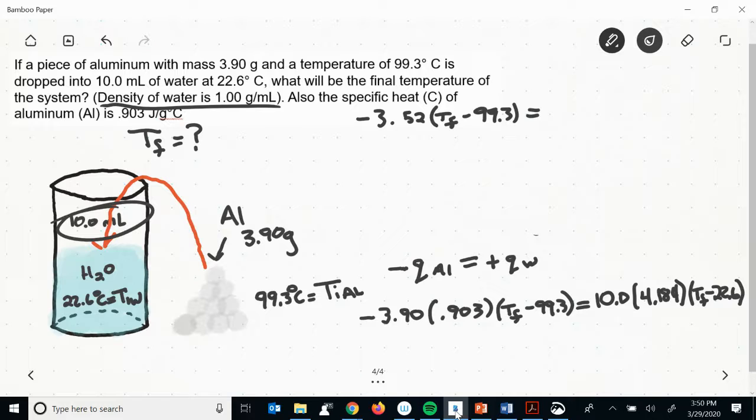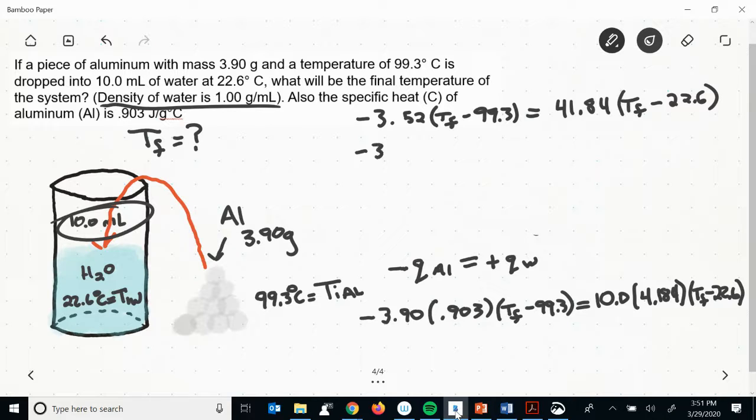And that's equal to, I'm going to do the same thing on the other side, 10 times 4.184. That's 41.84 (TF minus 22.6). Now I just have to distribute just like I would in math class.